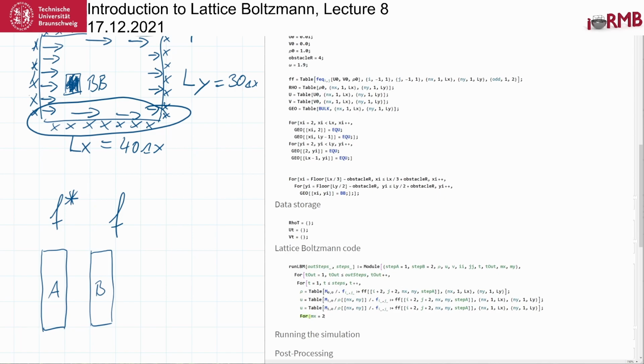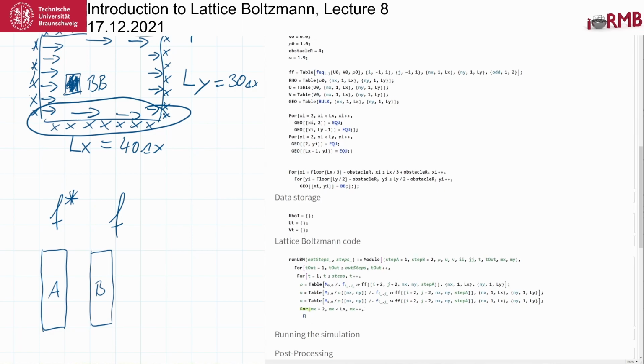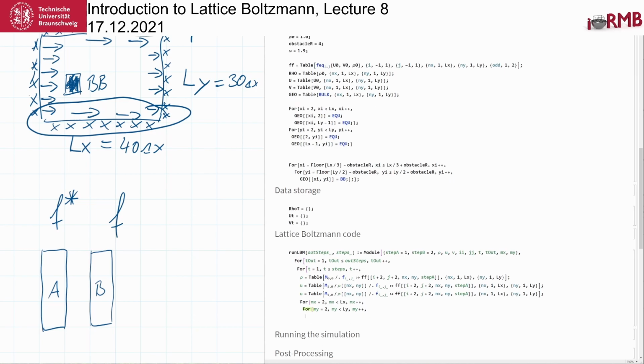So we start from mx equal to 2, mx smaller than lx, and mx plus plus, and now also the same thing for my equal to 2, my smaller than ly, and my plus plus. So now these are the two loops in space.